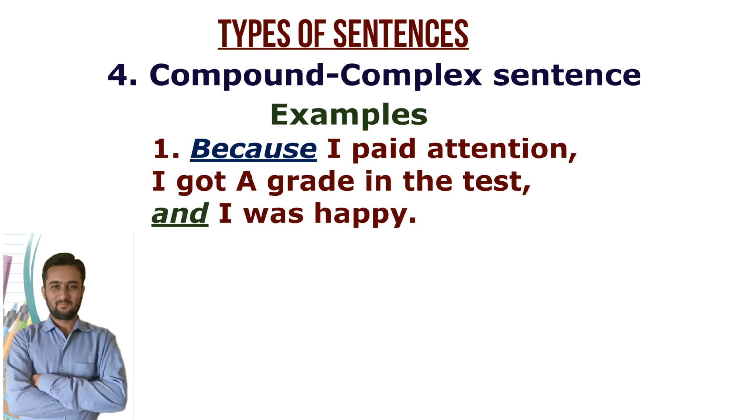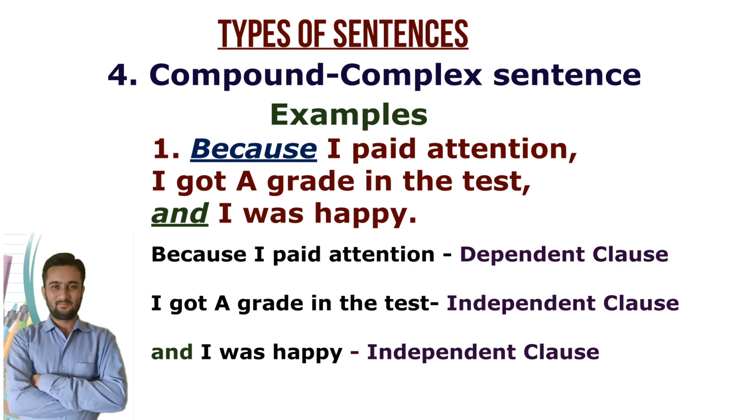So here first part you can see, first part of the sentence is I paid attention. It starts with the word because, means it is a subordinating conjunction word. So here first part is because I paid attention, then comma.